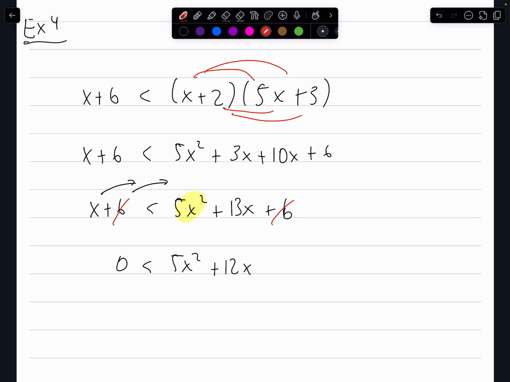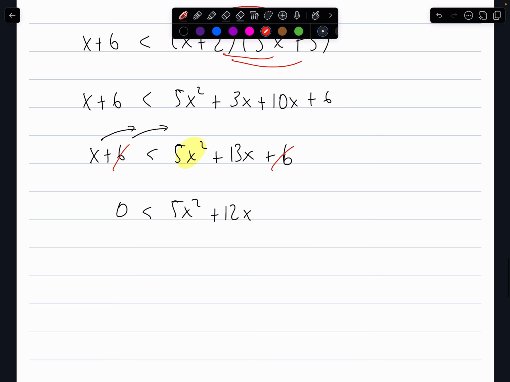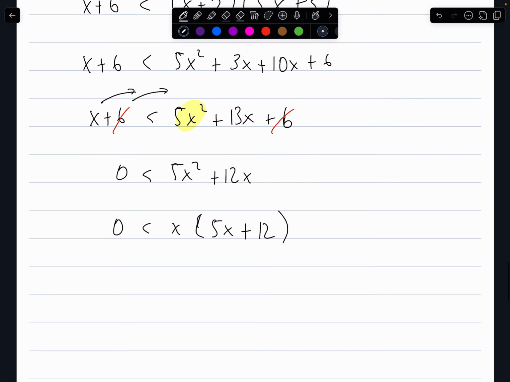So when I bring the x over, it'll be 13x minus x, which is 12x. And when I bring the 6 over, it's just going to be 6 minus 6, which is 0. So then I'm left with this. Now here, I can actually factor out an x from this side, and I'll get x times (5x plus 12).